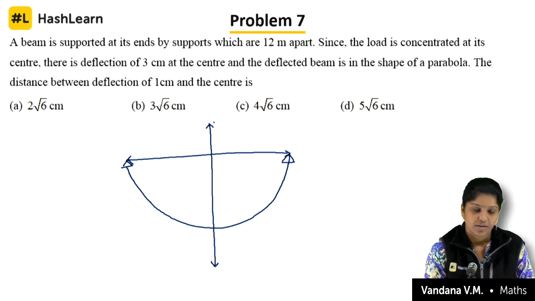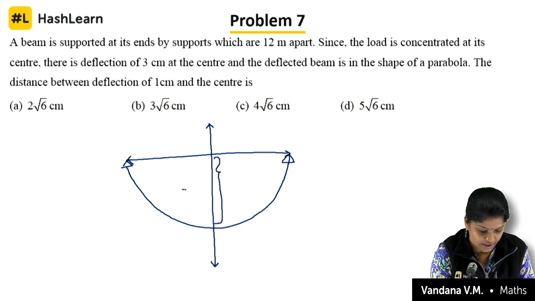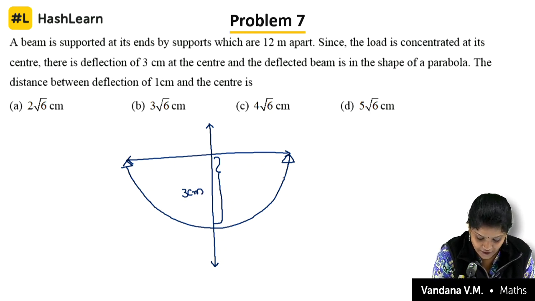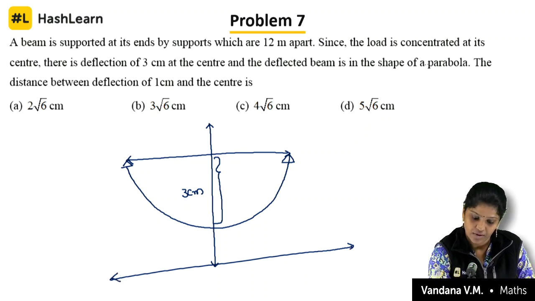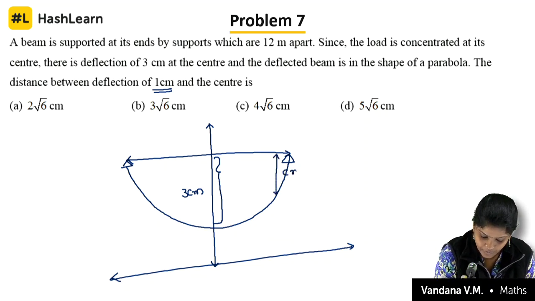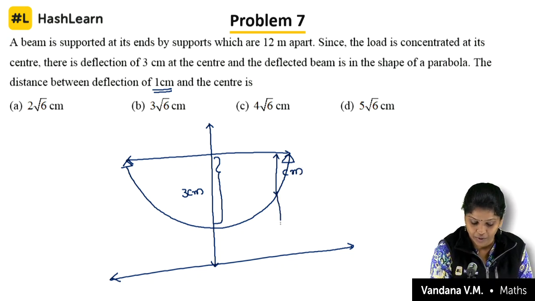So, let me explain to you. Here to here the length is 3 centimeters. When the deflection is 1 centimeter, not 2 centimeters, then the distance from here to here, I would like to find out.